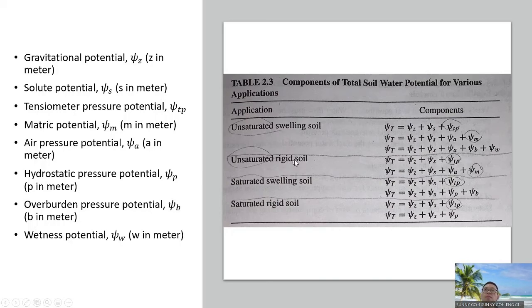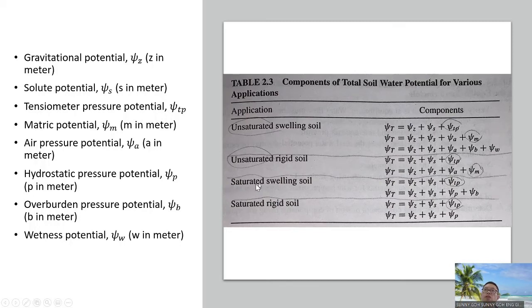That's what we mean by rigid and swelling. So for unsaturated soil, we consider this matric potential, which is also called the matric suction potential. And then we also have the air pressure potential, all right.